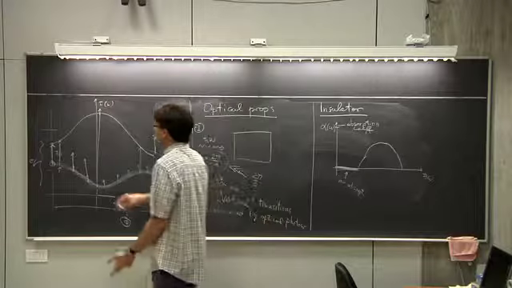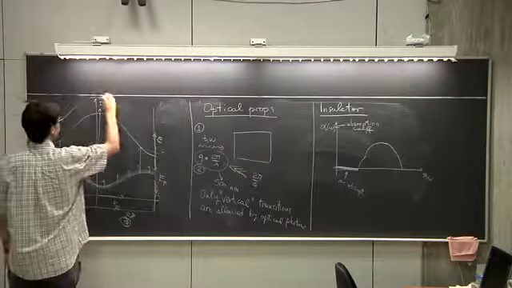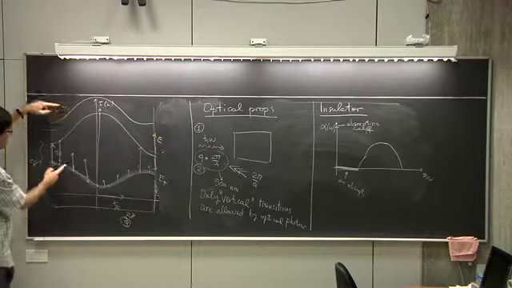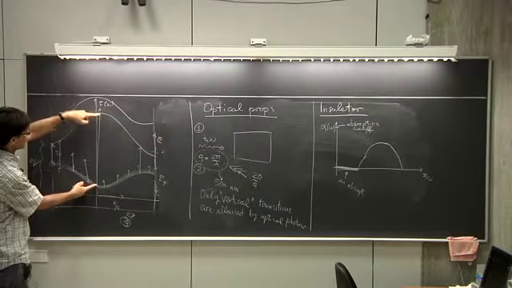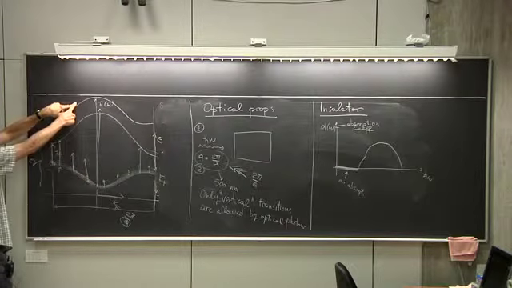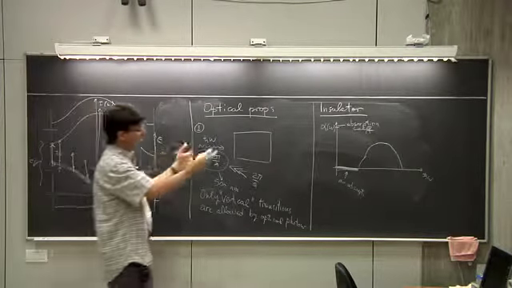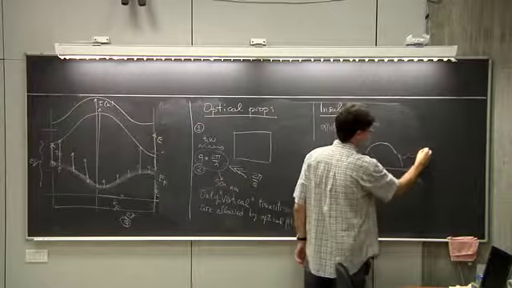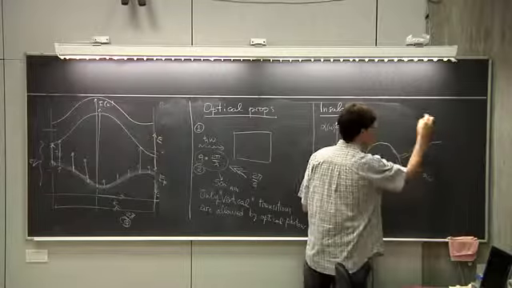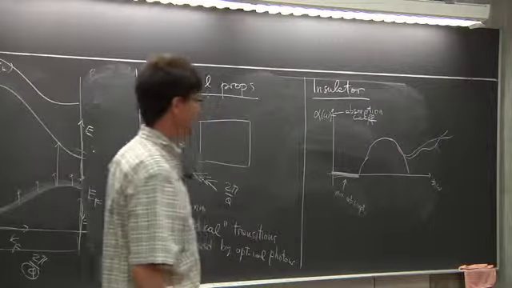Or perhaps there may be bands that start here, and then it will never vanish, because if this is longer than this, there will be somewhere else a place in which I absorb from here to here. So what happens later on is really a matter of details of the band structure. It can either go to 0 and then start again, or it will continue like this.